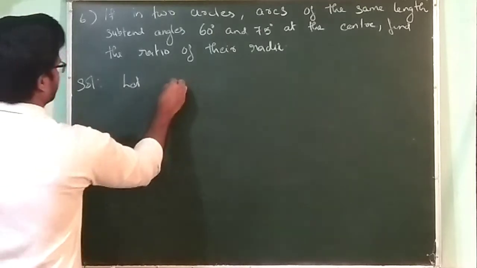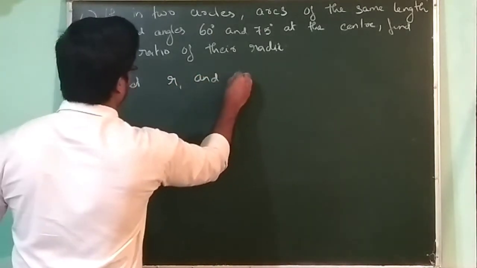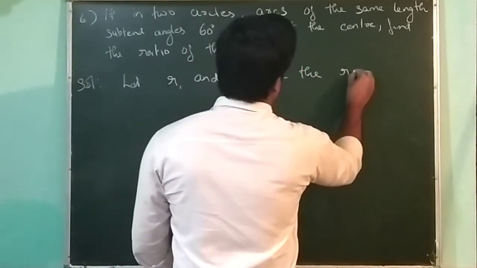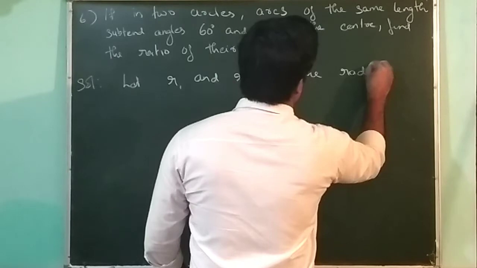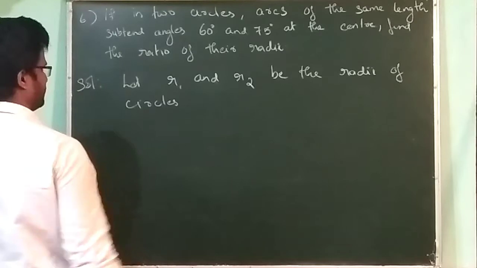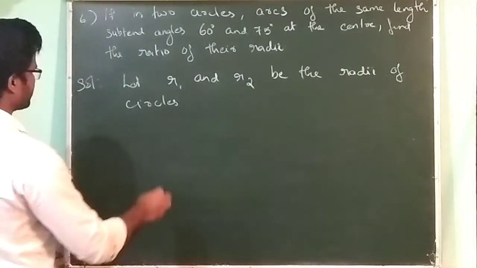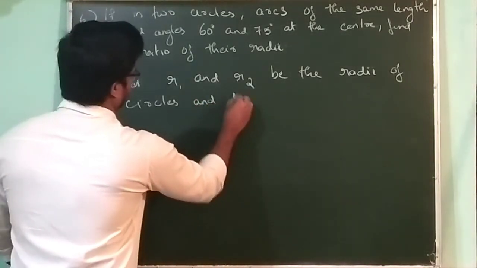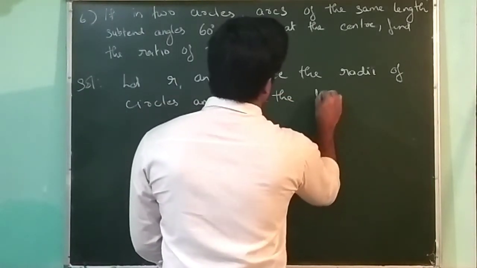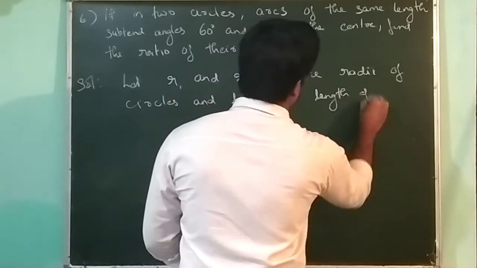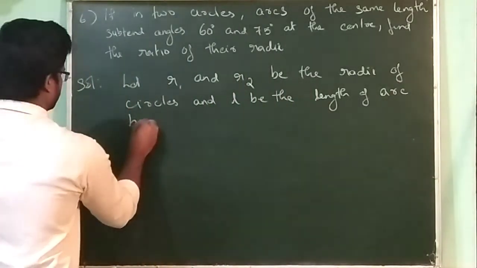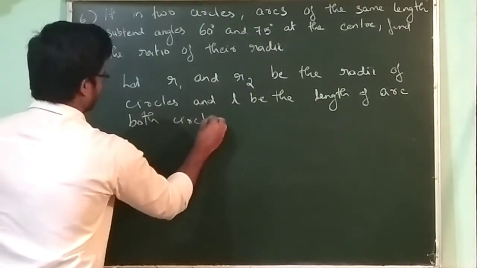Let R1 and R2 be the radii of the circles. Then L be the length of arc of both circles.